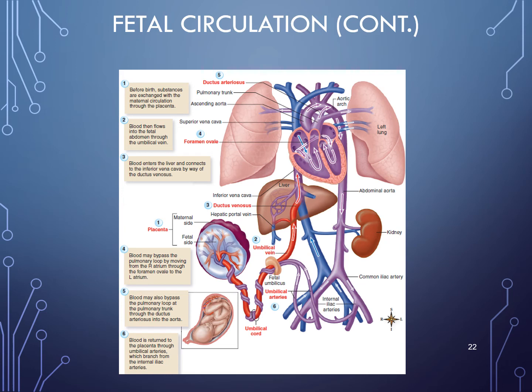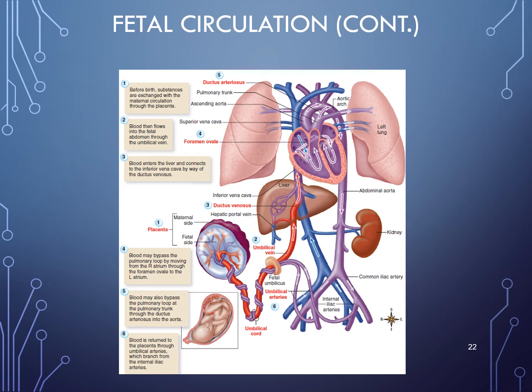Blood is going to leave the placenta via the umbilical vein in the umbilical cord, pass into the fetus's abdomen, and head towards the fetus's liver.